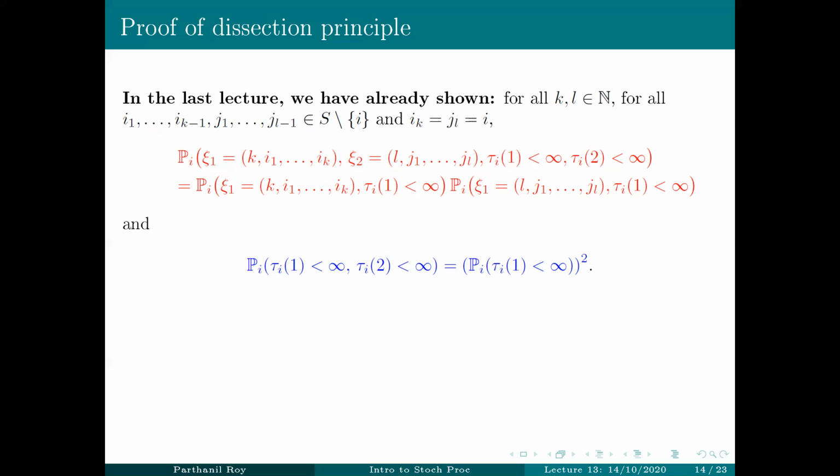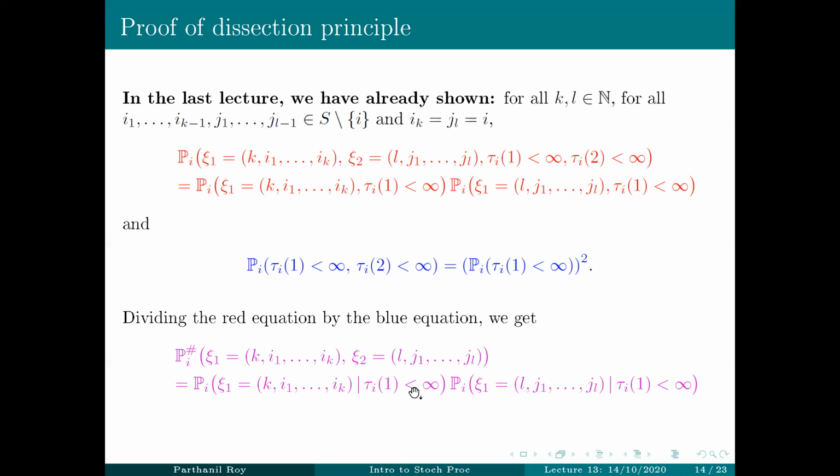If we keep them, what we will achieve is that we can divide this red equation by the blue equation. On the left-hand side, instead of Pi, you will have Pi hash. This is because if you divide by this quantity, you're essentially conditioning on this event, and that's precisely Pi hash. So under Pi hash, the joint probability of xi_1 and xi_2 is what you get from the left-hand side.